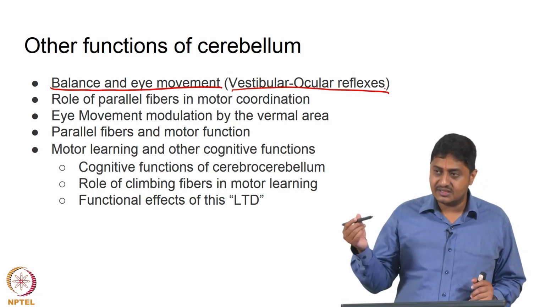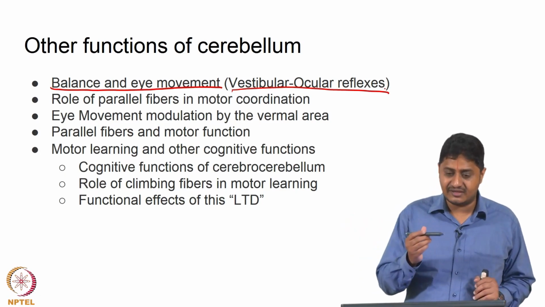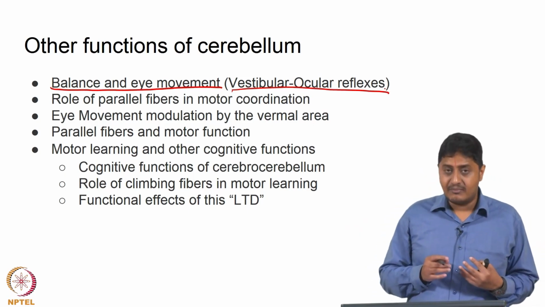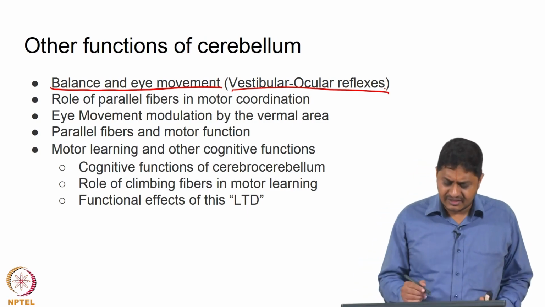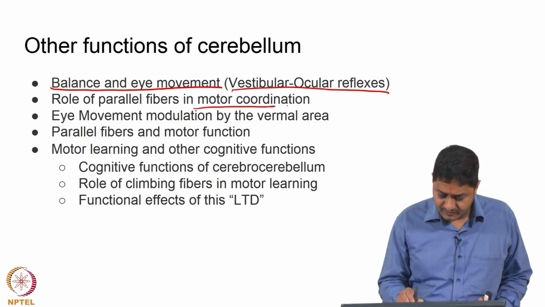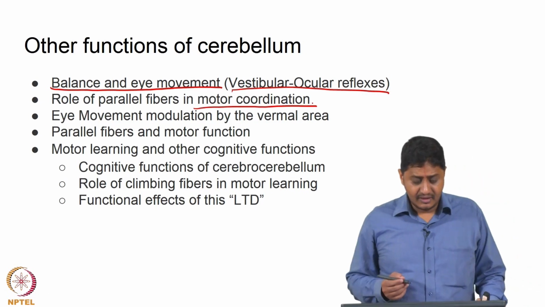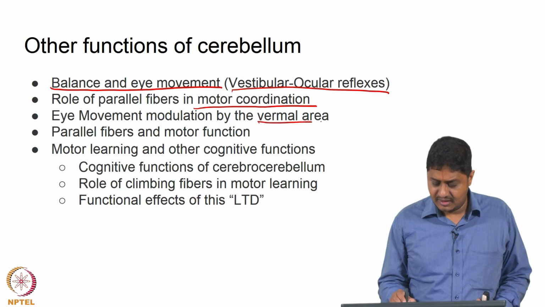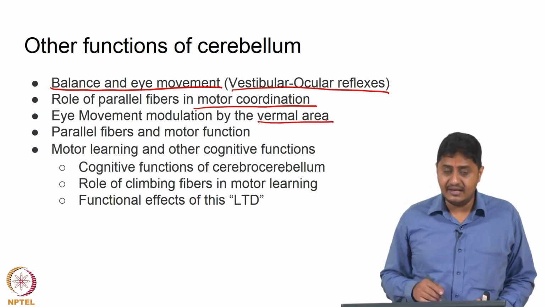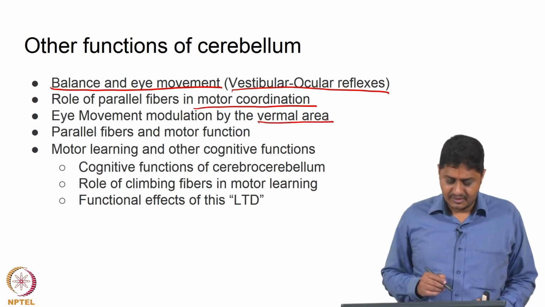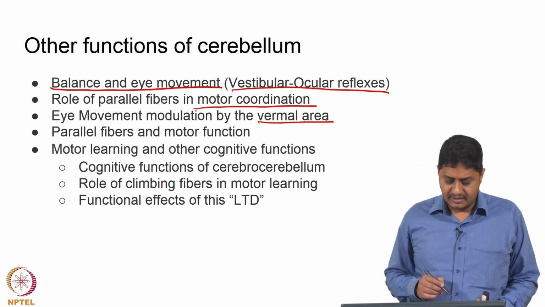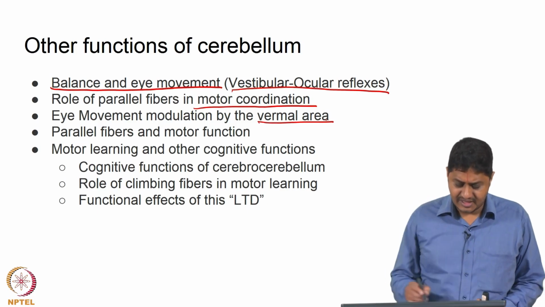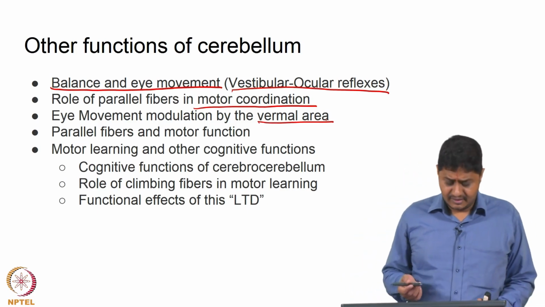So, that means if different Purkinje cells are activated, there could be multi-muscle coordination or multi-effector coordination, in other words motor coordination. And modulation of eye movements by area in the medial cerebellar cortex, so the vermal area, and the other contributions of parallel fibers in motor function, and then most importantly motor learning.